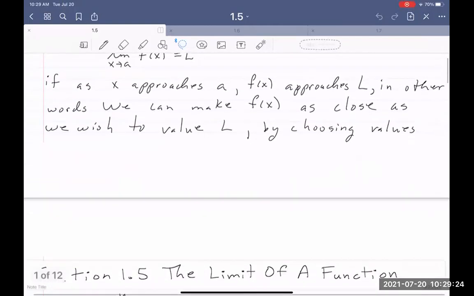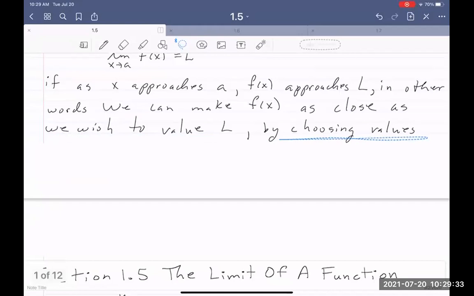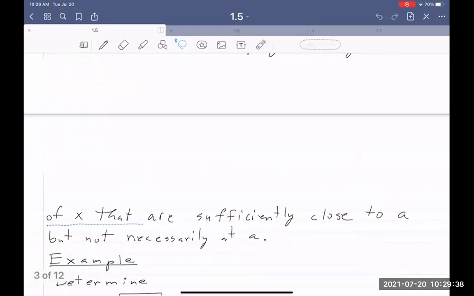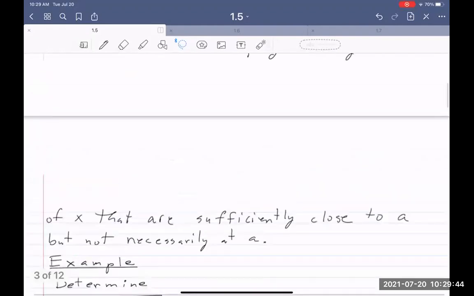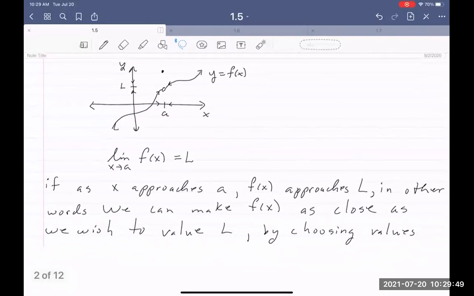In other words, we can make f of x as close as we wish to the value of L by choosing values of x that are sufficiently close to a, but not necessarily equal to a. So I keep taking numbers that are closer and closer to a, but not necessarily at a.